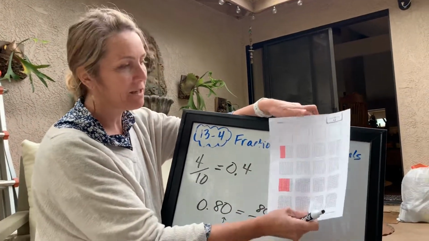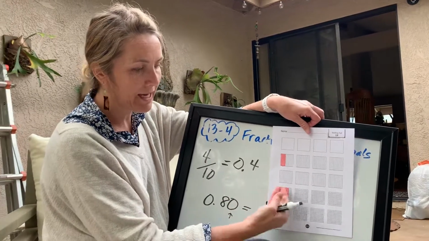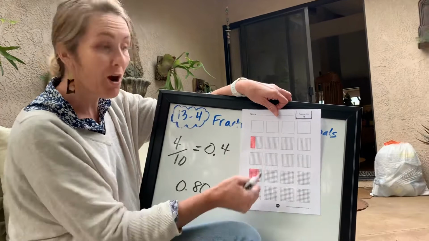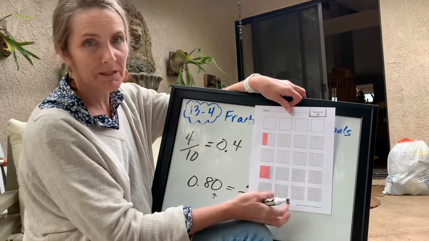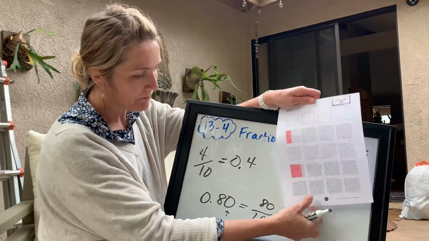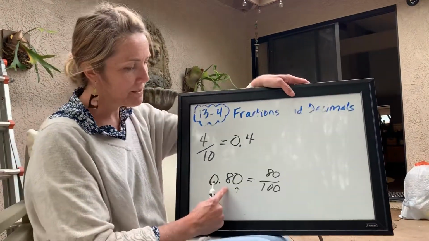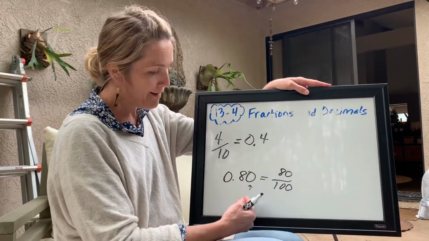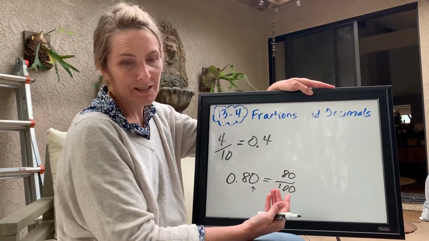So today's lesson is going to throw out several of these models and ask you what they mean. Be mindful of how many parts the boxes have been divided into, because that gives you a clue. Tenths, hundredths, decimals versus fractions. They can be written together. They mean the same thing, they just look a little different.